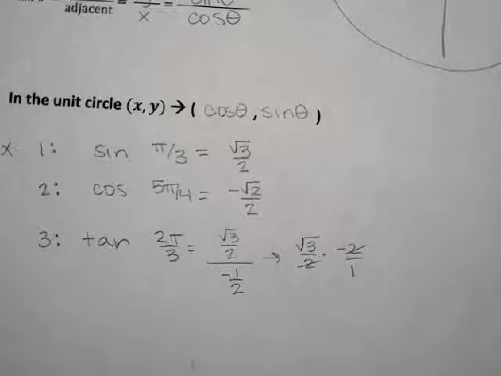It'll make it go faster. So when I look at 2 pi thirds in my head, I go root 3 divided by negative 1. You guys see that on your unit circle? In my head, I ignore the 2's because I know they're going to cancel. I do root 3 divided by negative 1. So what is root 3 divided by negative 1? Negative root 3, that's the answer.